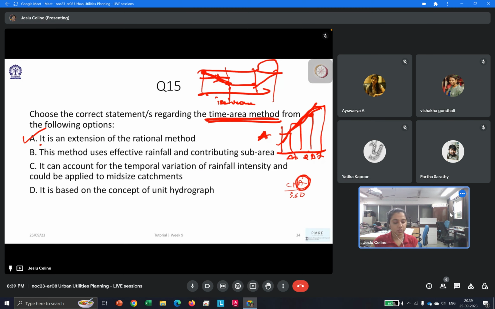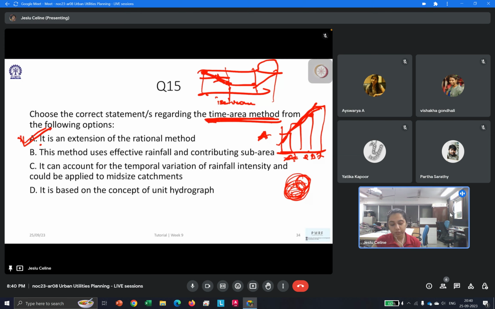Instead of directly using the formula, the same method is followed, where you separate it into areas, and for each area you find the time and the intensity, and plot it. So this gives more accurate results compared to the rational method. So it is an extension of the rational method, yes.